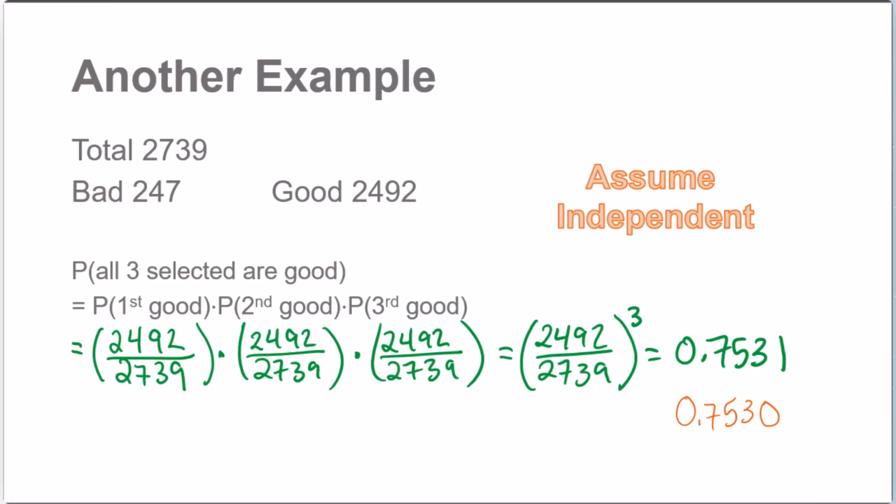So these are almost exactly the same, and that's because when we select a small number of, in this case, pieces of seafood out of a very large total, the amount that these probabilities change is so small that we likely don't really even need to account for it.